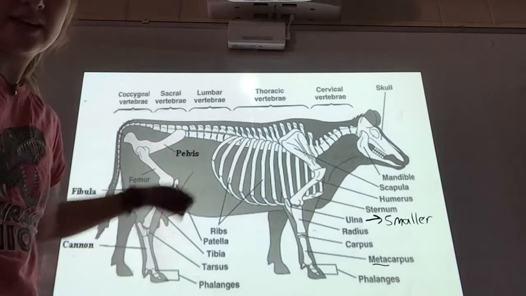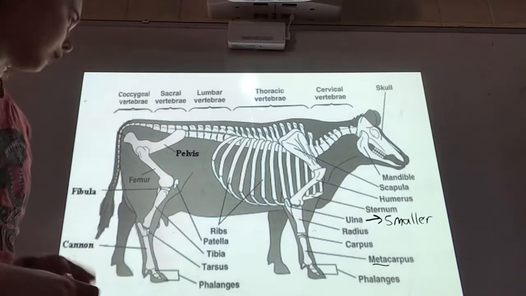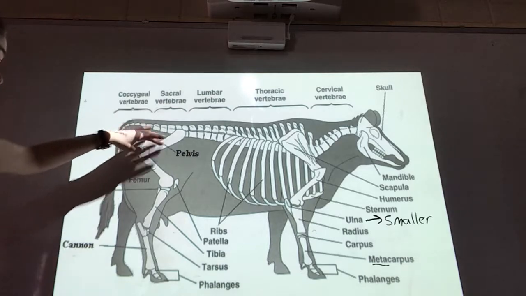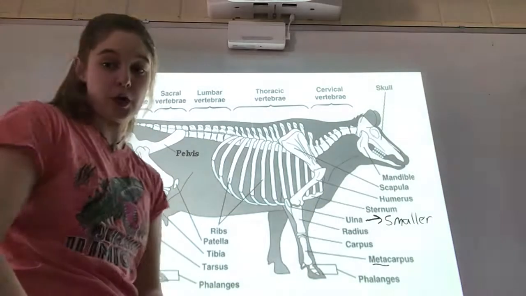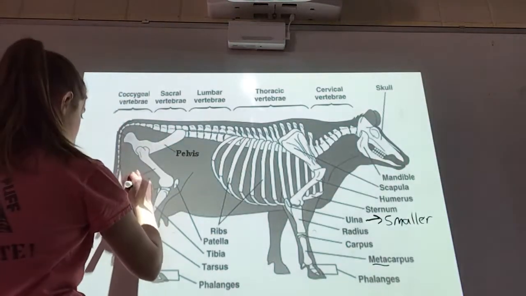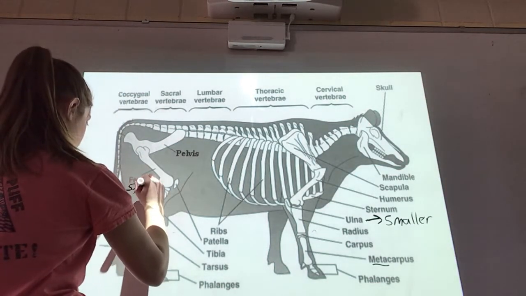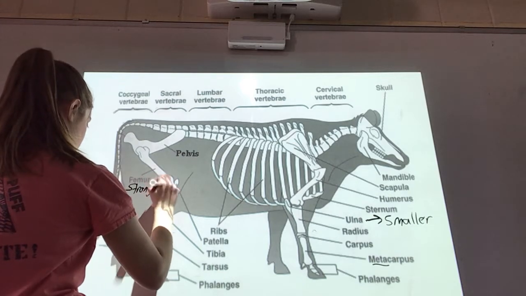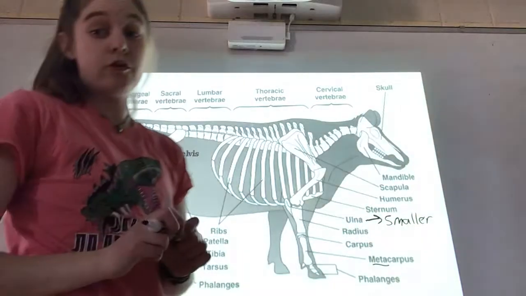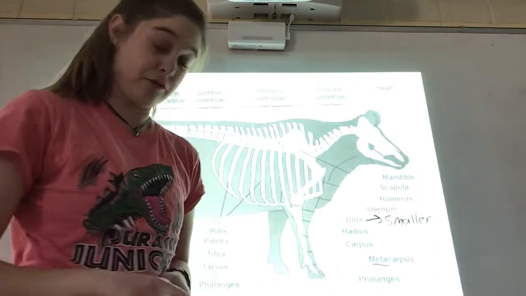Yours doesn't look just like that because it's a cow, and you're not a cow, but it looks something like that. After the pelvis is your femur. Your femur is your strongest bone in your body. Also, it is really, really painful to break.